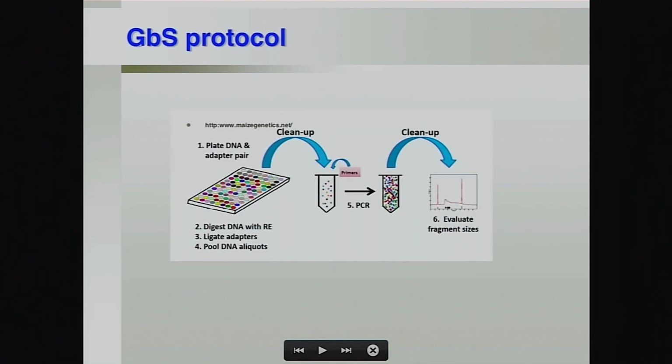In each well, let's say that in each well you have one DNA sample. 96 different DNAs, all of them. You digest the DNA with the restriction enzyme, you need to ligate the adapters, and you pool all the samples in only one. You mix all in one tube.